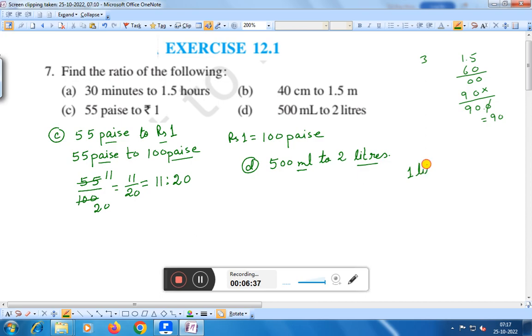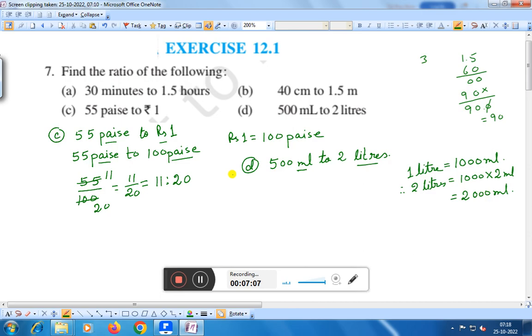We know that 1 liter is equal to 1000 milliliter. Therefore, 2 liters is equal to 1000 into 2 milliliter. That comes to 2000 milliliter.